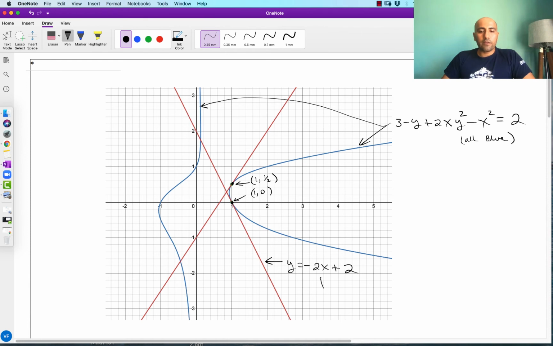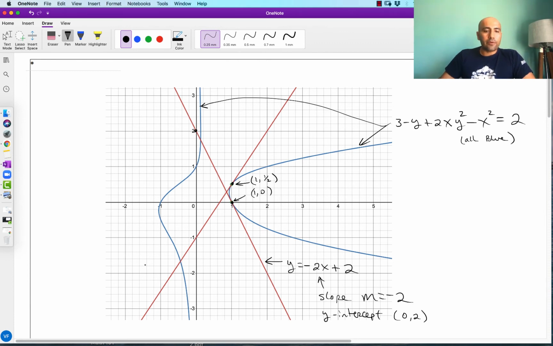From here, clearly we can tell that the slope m equals negative 2. It's got a negative 2 slope, and the y-intercept goes through the point (0, 2). And we can see that indeed it does cross the y-axis right there at (0, 2).